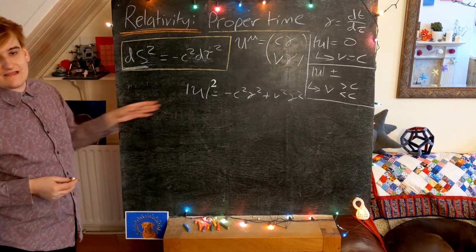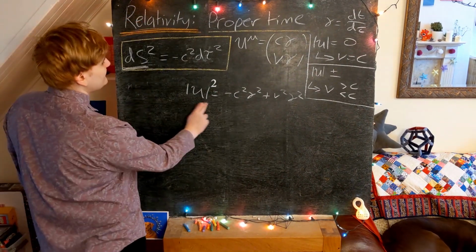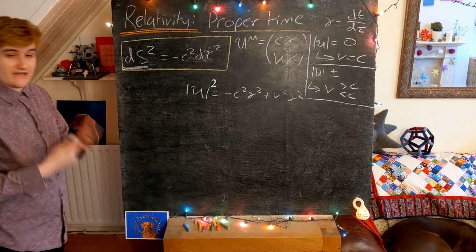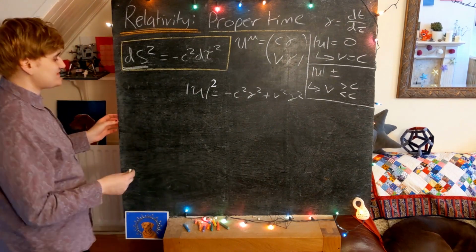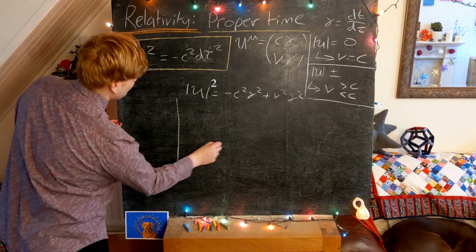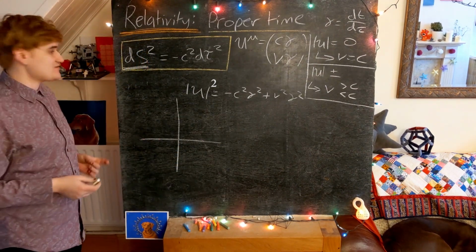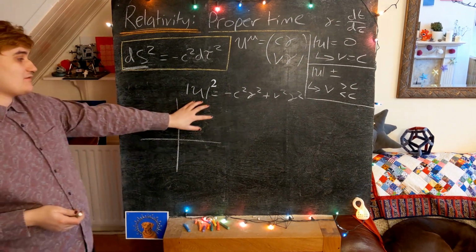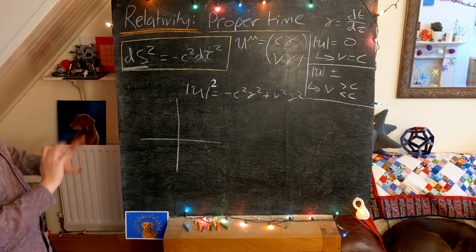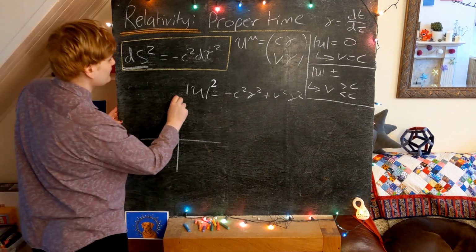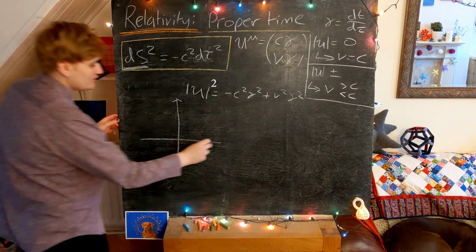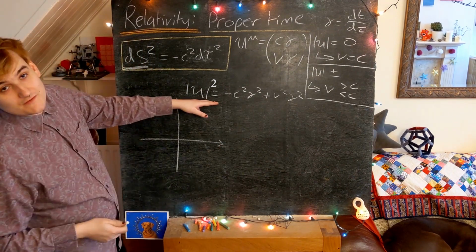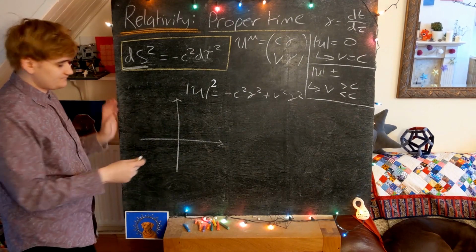But now how do we actually go about properly calculating what this length is going to be? Well, we can be fairly sneaky now and use some nice properties of our metric. Essentially the metric is invariant, so this length is going to have to be the same regardless of what frame we're in. So we can make the nice choice. Let's choose to be in the stationary reference frame of this observer.